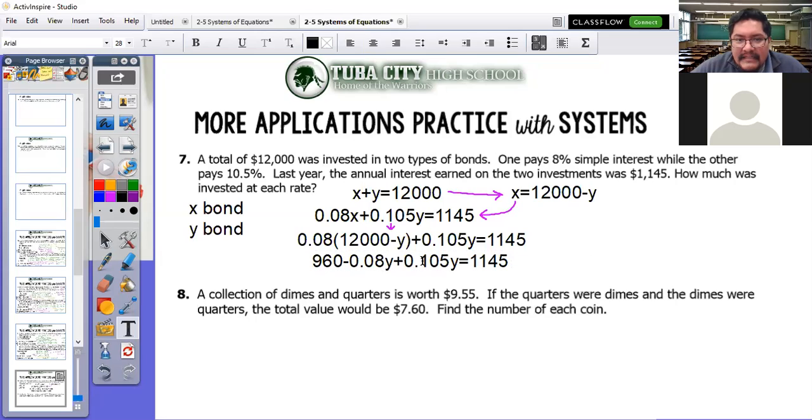Now I'm going to have to combine these two things here. So 10.5% minus 8%. Again, this one is a bit of a tricky one, and I probably wouldn't really have this all that much in a problem like this. So I'm going to go ahead and combine these.